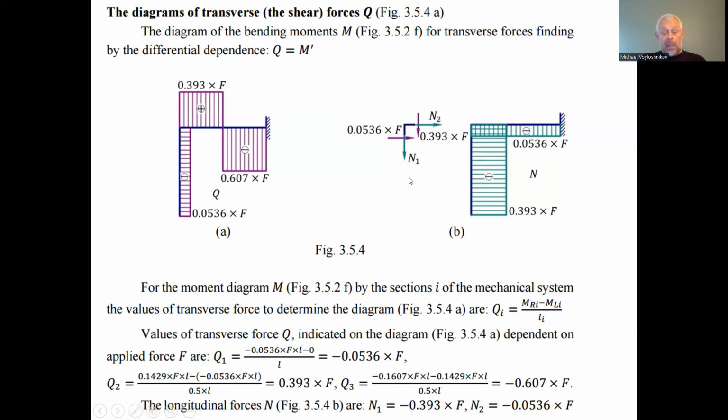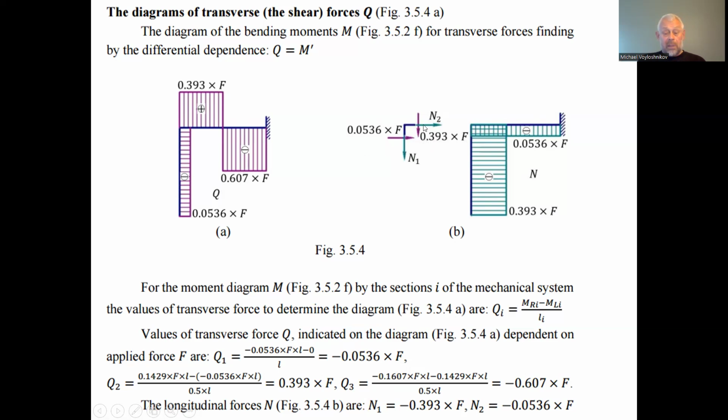To do that, we use the cut of the rigid knot, for example, here. For this knot, we can consider the balance equation. We have two transverse forces applied to the knot.